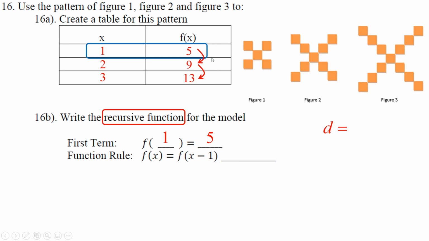Well, 5 plus 4 is 9. 9 plus 4 is 13. We have a common difference of 4. So to get the term I'm looking for in f of x, I'm just going to take the previous term and add 4 every time. 5 plus 4 is 9. 9 plus 4 is 13. We're adding 4. And there's number 16.